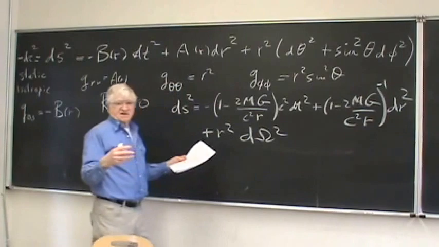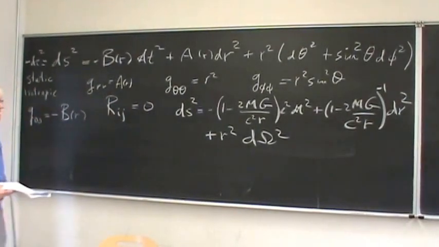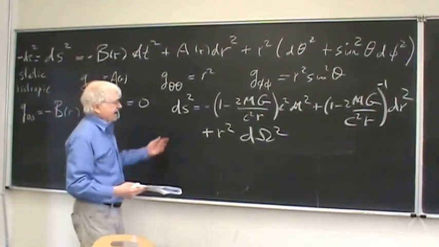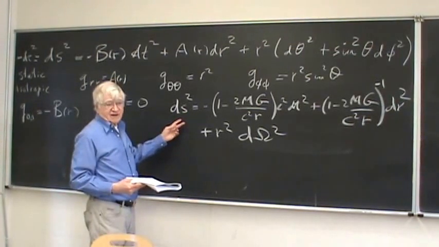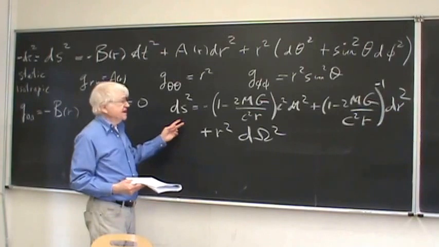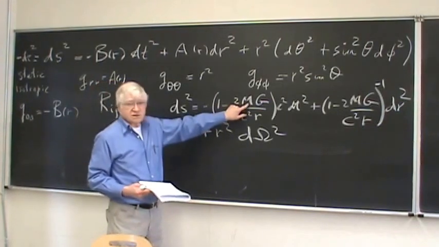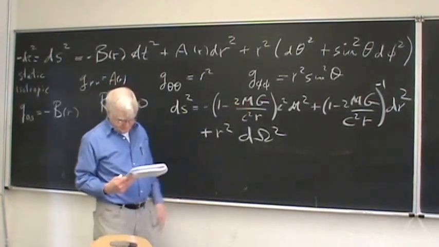In other words, d theta squared plus sine squared theta d phi squared. So this is the Schwarzschild metric, the solution for the space-time metric around a mass M.